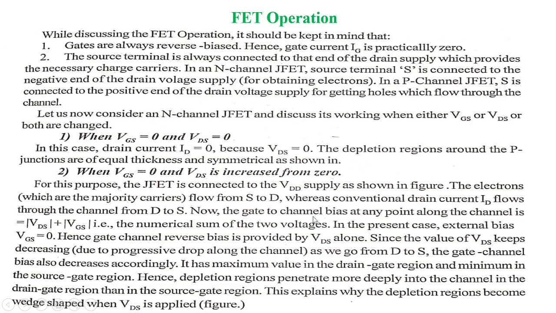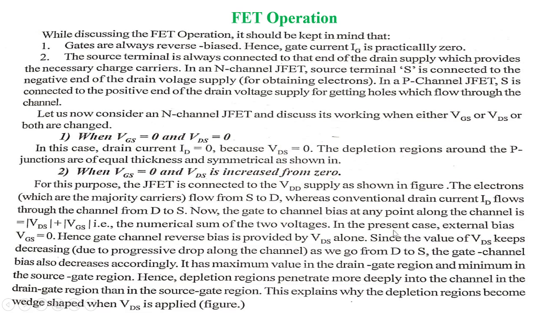Now the gate to channel bias at any point along the channel is equal to VDS plus VGS, that is the numerical sum of the two voltages.